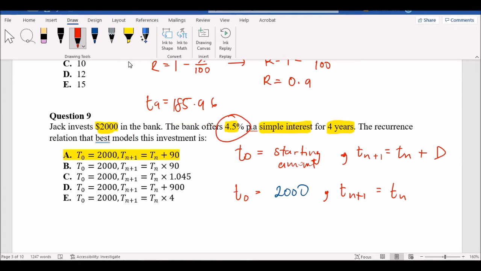So how do we do that? Well, that's for this D rule. It's going to be the percentage over 100 times whatever the starting amount is. So in this case, it would be 4.5 over 100 times 2,000, and that should equal 90 according to the answer.